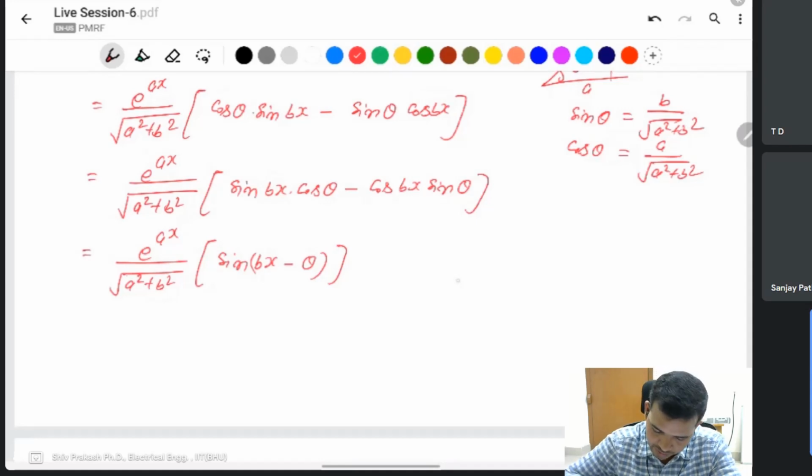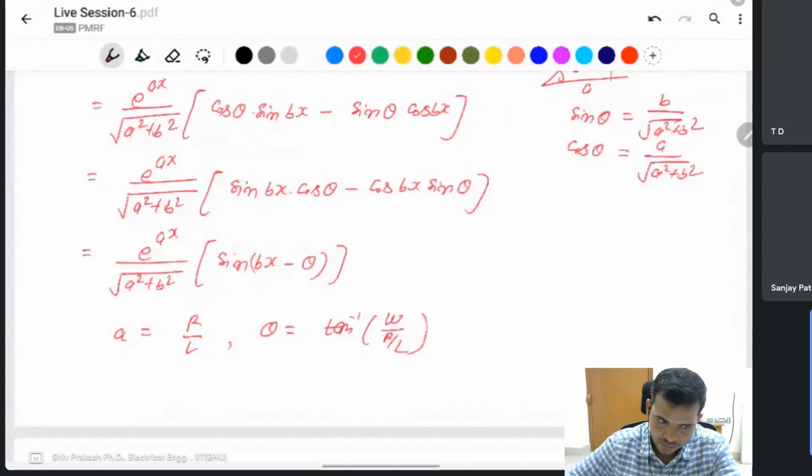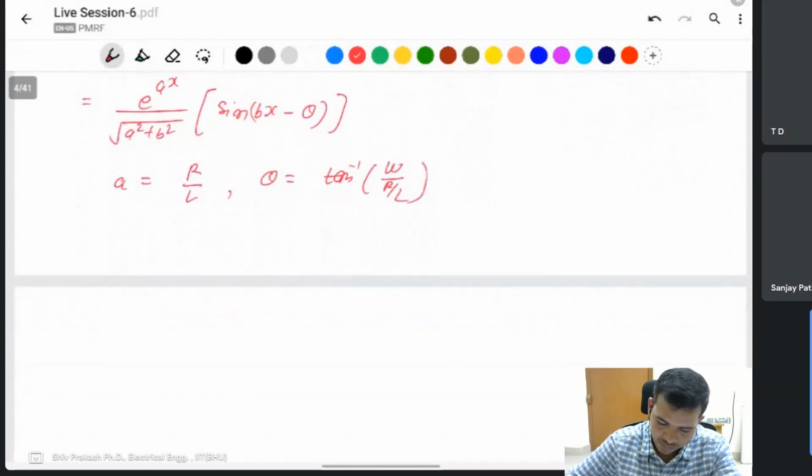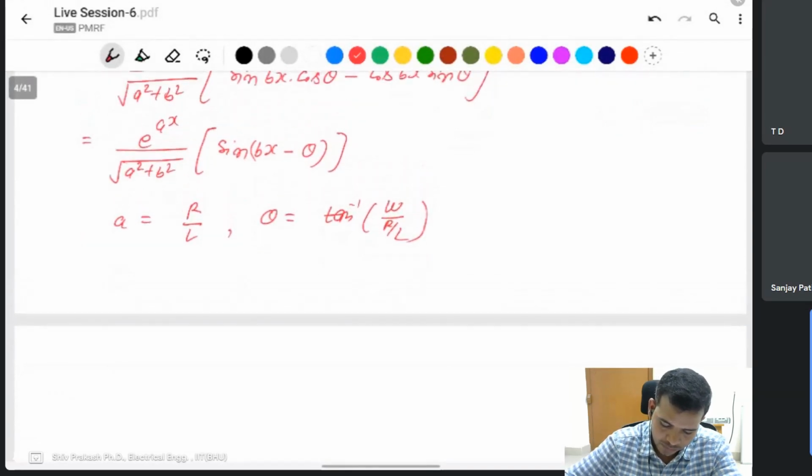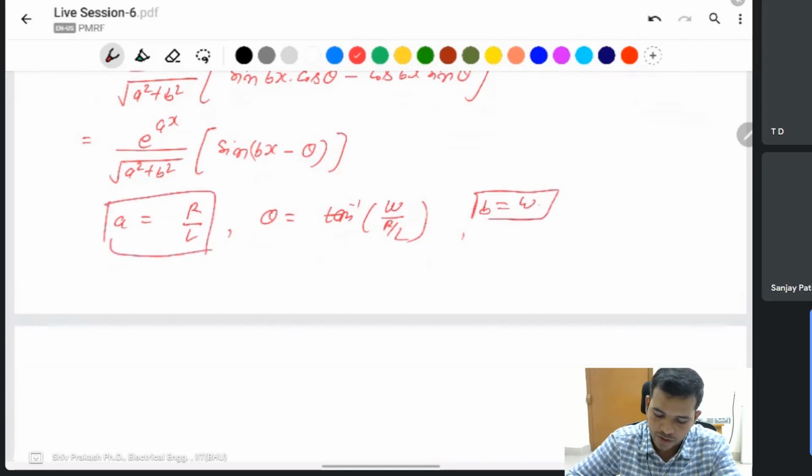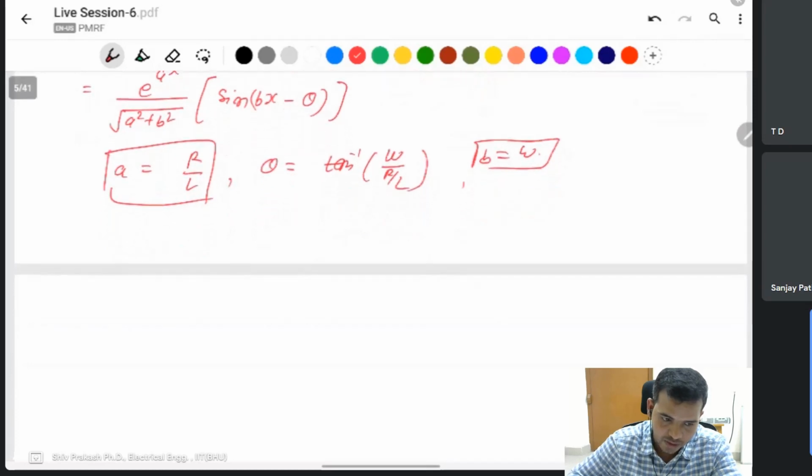The same thing applies: a is equal to R by L and theta is equal to tan inverse omega divided by R by L. b is equal to omega, a is equal to R by L, x is equal to t; replace all of them.